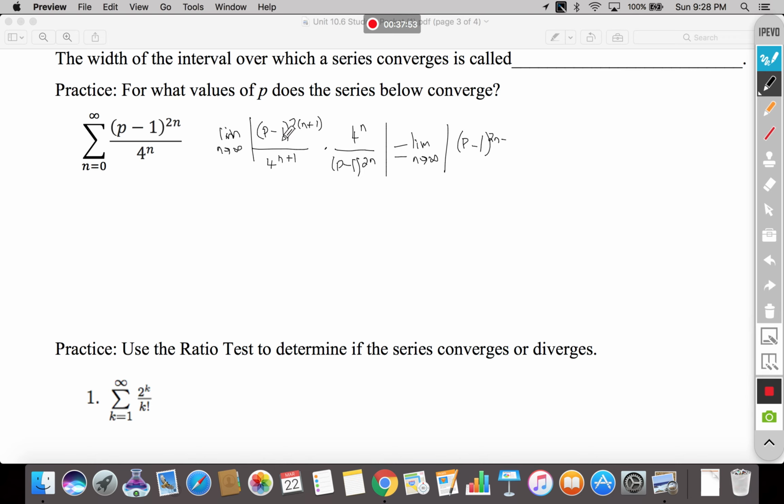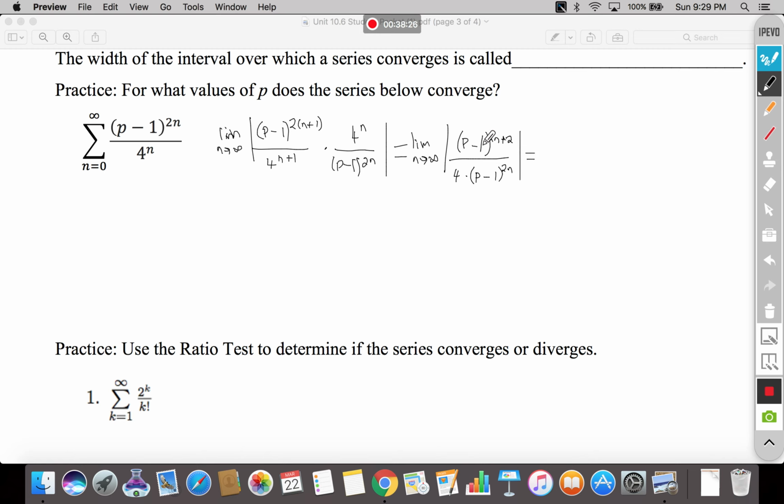When I distribute my 2 up here, I got 2n plus 2, right? 4 to the n will cancel out, leaving me with a 4 in the denominator, 4 to the 1 times the quantity p minus 1 to the 2n that's left. Interesting. So I have p minus 1 to the 2n plus 2, p minus 1 to the 2n.